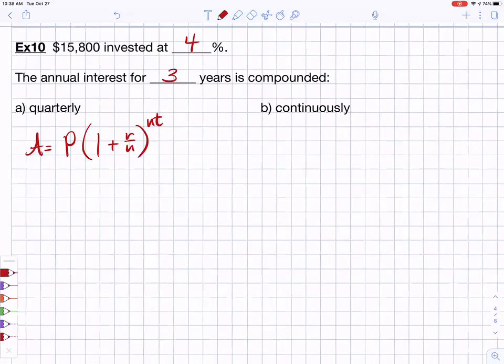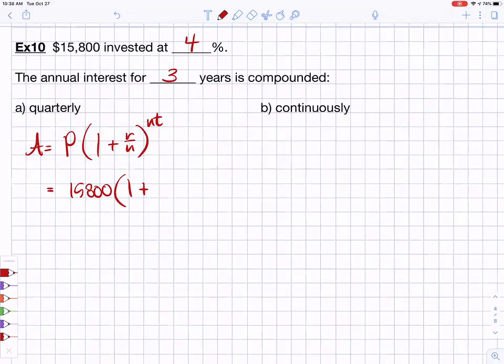Okay, what's the principal amount? Okay, the money, what I'm starting with, it's my initial amount or my starting amount. So this is $15,800. We've got 1 plus. What's my rate and how will I write it?